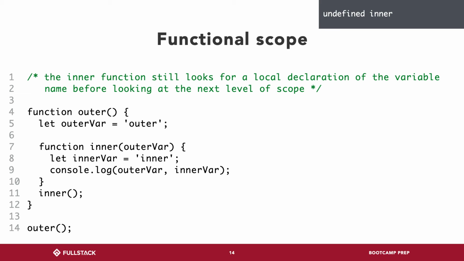That means that if you don't pass an argument into a function that expects one, inside of that function, that parameter will just be equal to undefined. So that's why we get undefined up there. JavaScript just knows that this variable is declared here, so it's inside of its own scope. So that's what will be console logged.